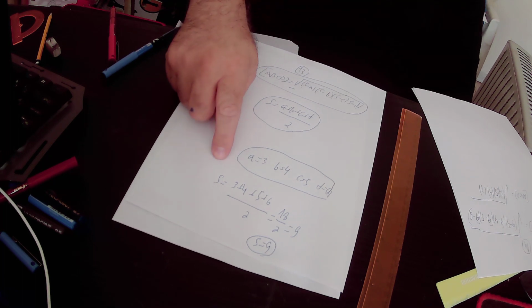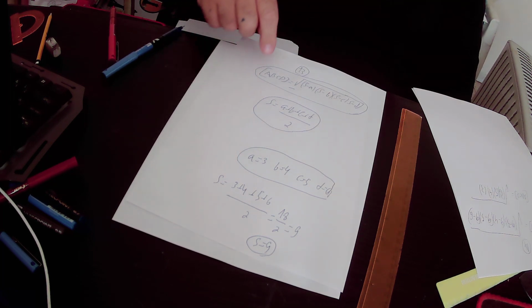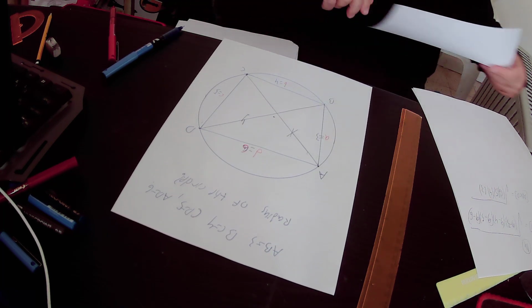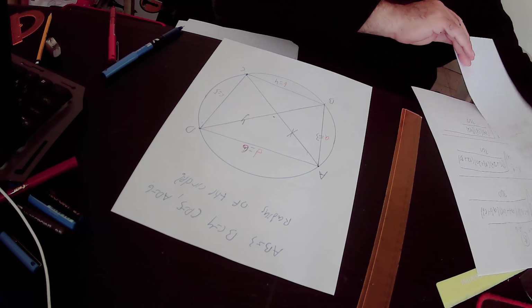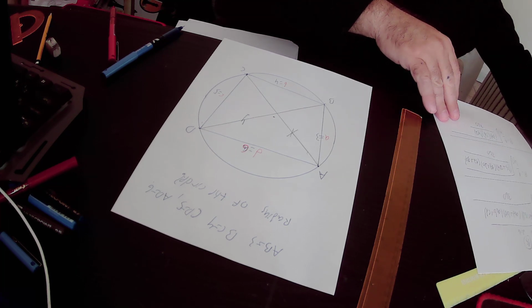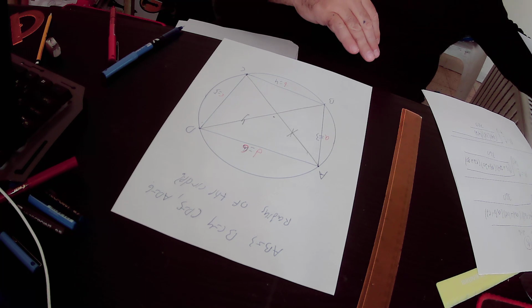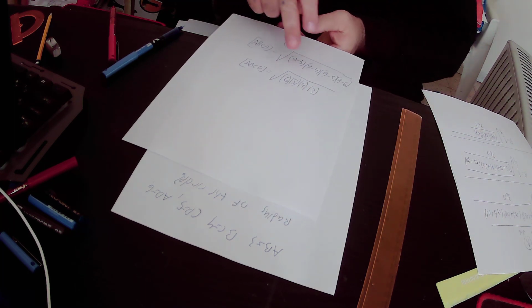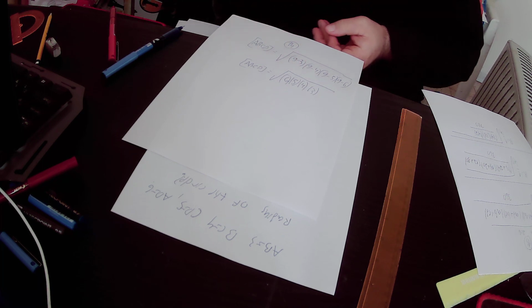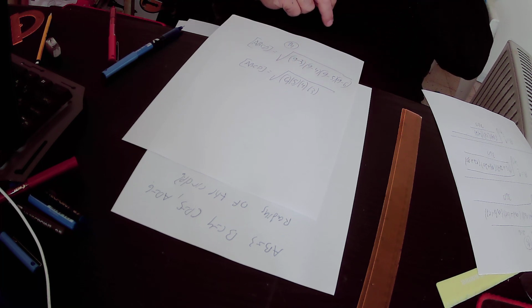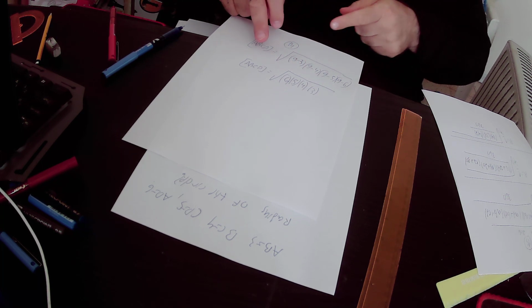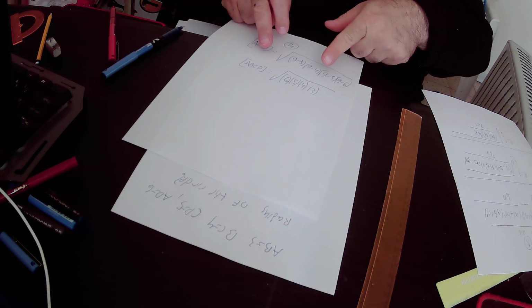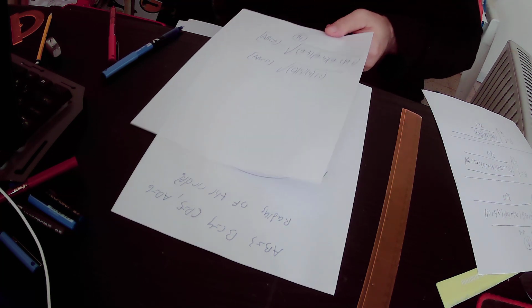We found that S equals 9 units, and the area of quadrilateral ABCD equals the root of 360. Okay, so the area of quadrilateral ABCD equals the root of 360.